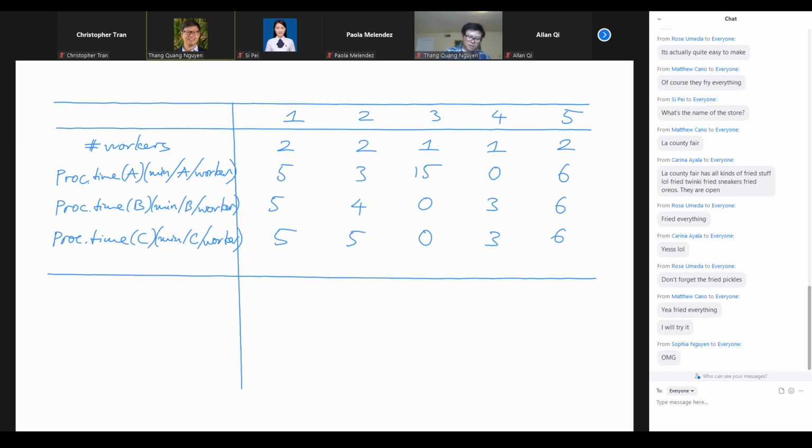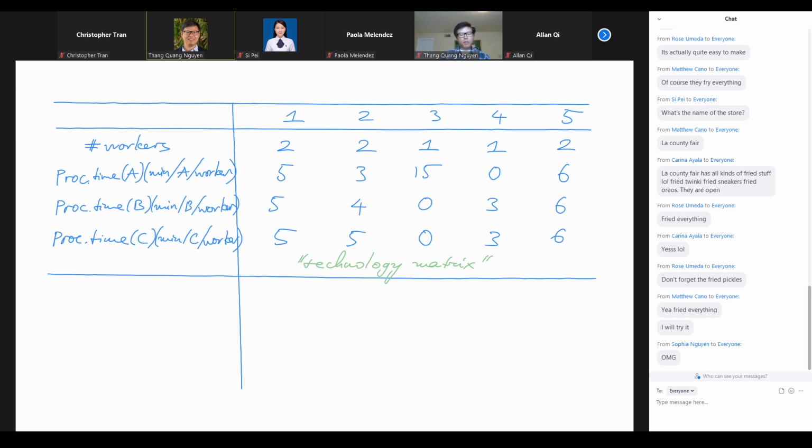Okay? And we call this the technology matrix. Why is that technology? Because it tells us the processing time, how long it takes to cook the dishes, right?